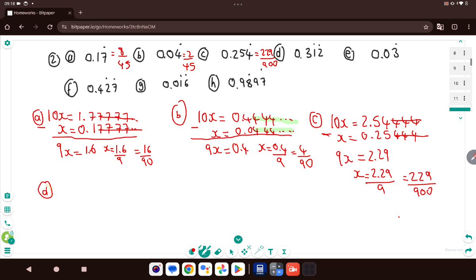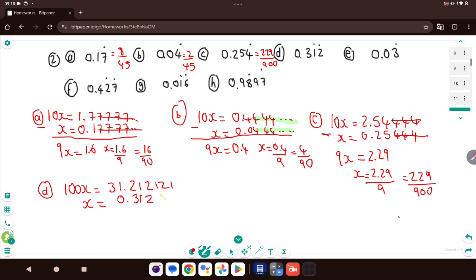Part D. Again, I'm going to multiply it by 100 because it's the double digit repeating 1, 2, 1, 2, 1, 2. So 31.212121. If you get confused with that bit, you can just type it in your calculator to multiply it. Line them underneath each other. Not lined up very well.